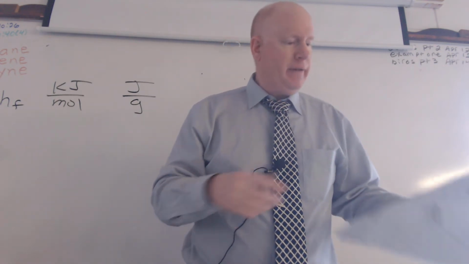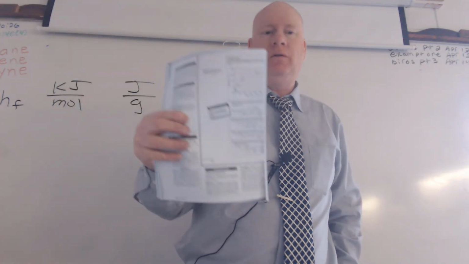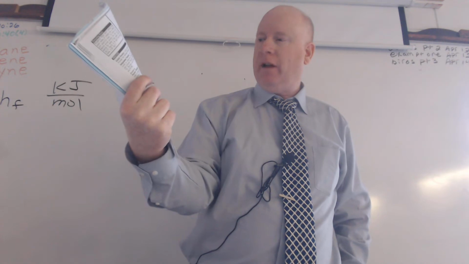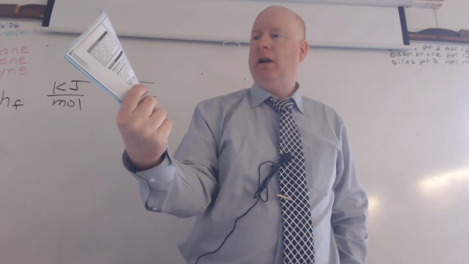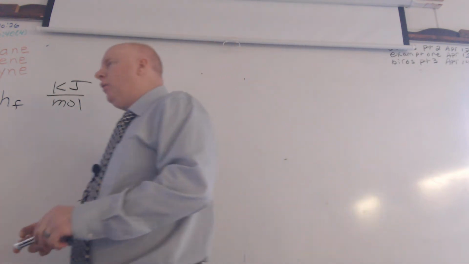If you have this graph that was handed out to you last week, it should be page 436 or something to that effect. I want you to pick a metal like platinum, gold, silver. So, gold.